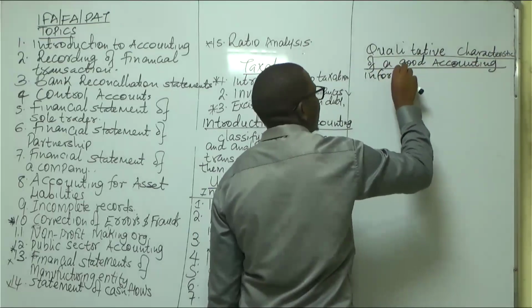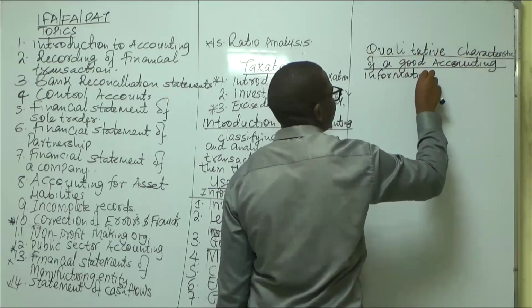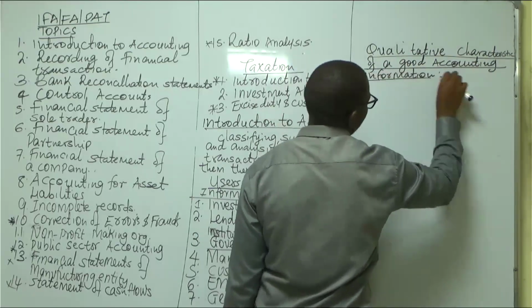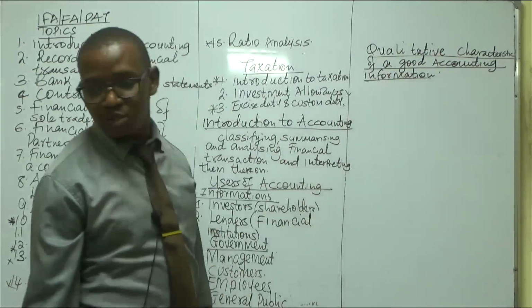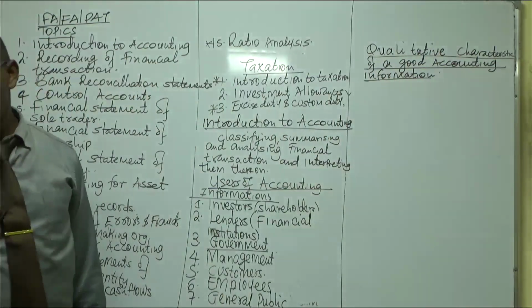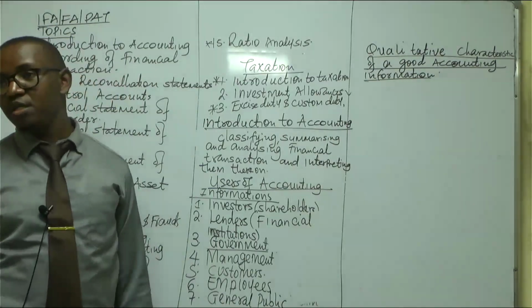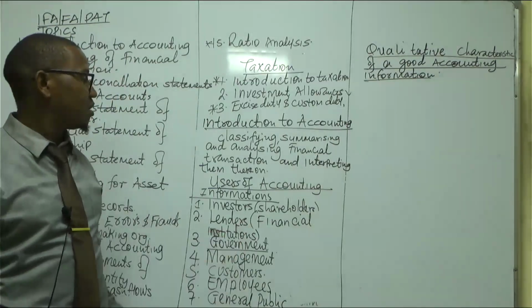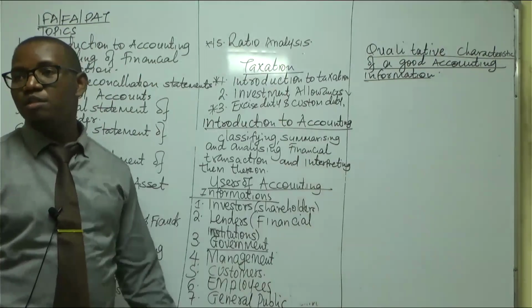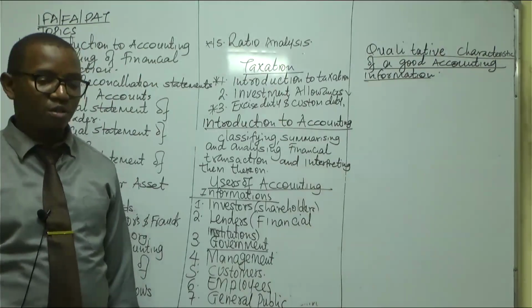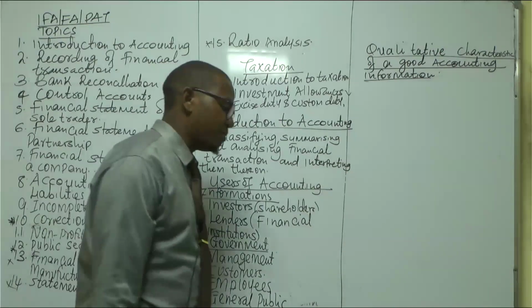Now, all these are the ones that the users have said, and it is one of the common questions. I will share with you the past papers. You'll be able to see how frequently they have been asking such questions on the users and on the qualitative characteristics of good accounting information.